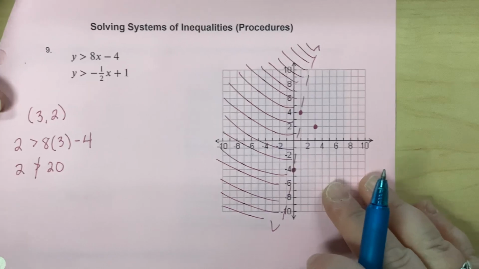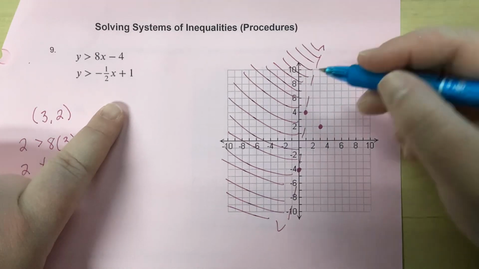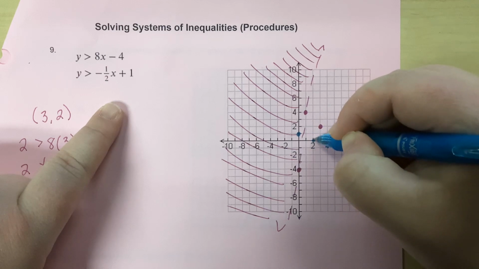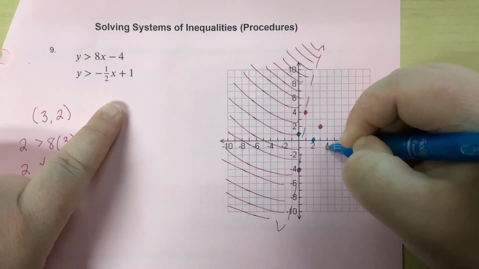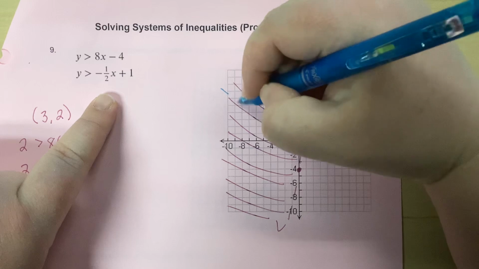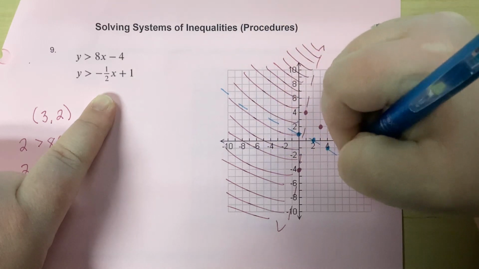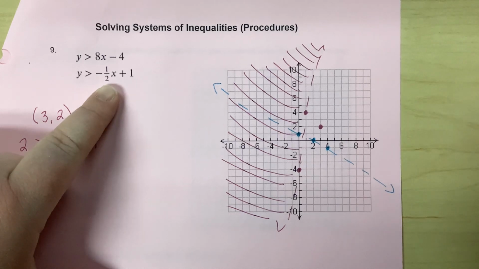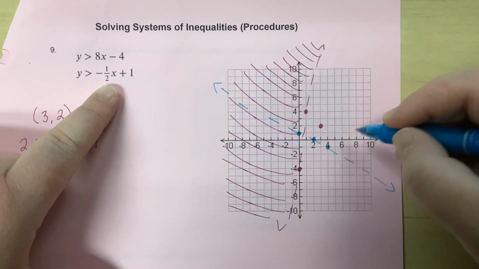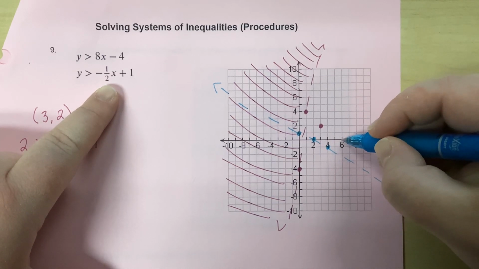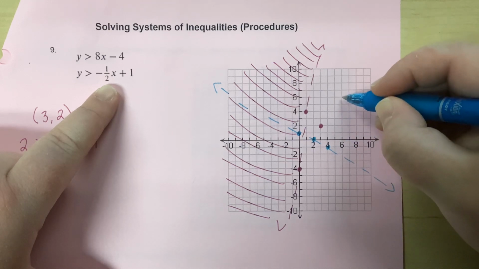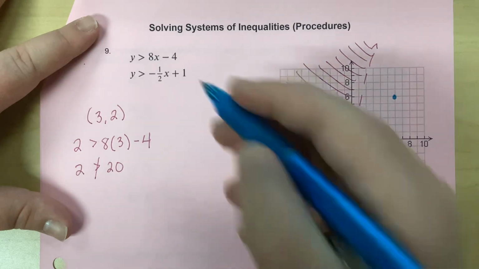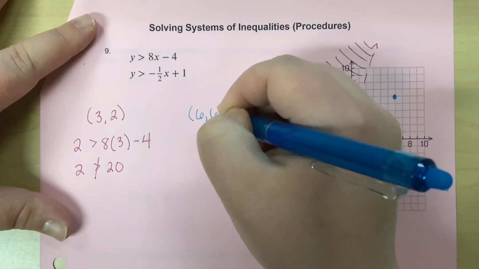Okay, so then when I get to my other inequality, it starts at 1, and I go down 1, right 2. And this one is also dashed. And let's see, it's got a half in front, so something divisible by 2. Let's use 6. I don't know, (6, 6) maybe? Doesn't really matter. So (6, 6).